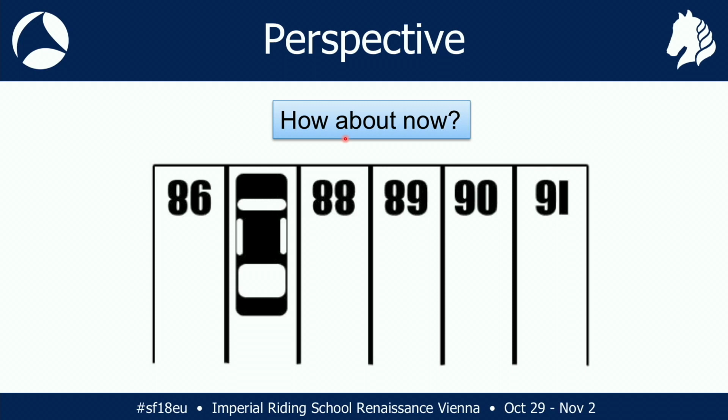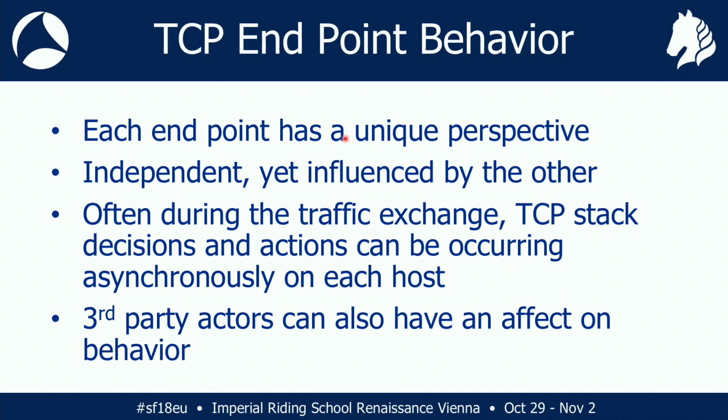So the idea is our perspective matters. And when we're looking at client capture versus server capture, knowing which direction we're looking at, which endpoint we're looking at matters. The endpoint behavior, each one can be unique, and I want to stress they are independent, but they're also influenced by the other end. We can't forget that. If we forget that, then what I'm looking at doesn't make any sense.